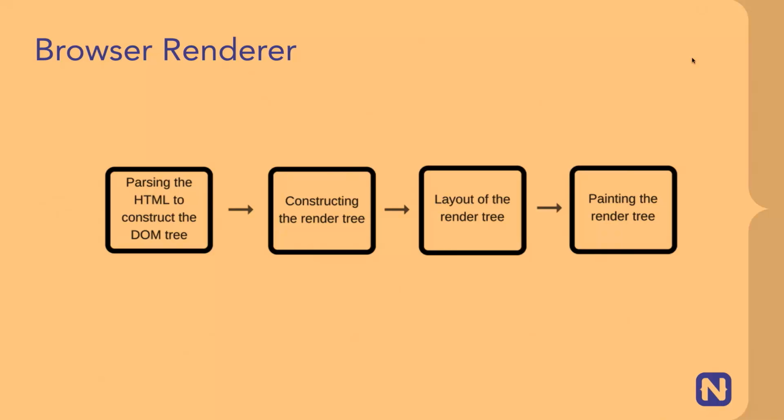Then, based on this tree, the renderer constructs a render tree. The next step is to lay out all of the nodes of this tree and finally show it in the browser, right? Really, really simple. I tried to describe it, and it's only a part of the work of the browser.